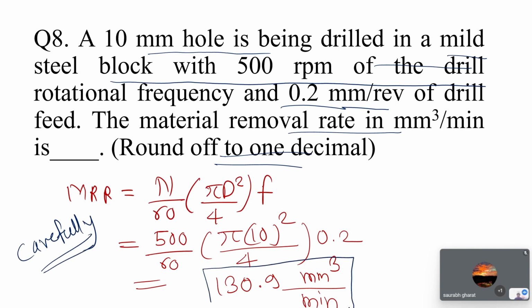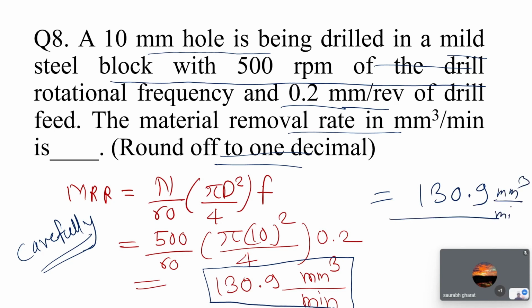This will be your final answer, 130.9. They have given the range with one decimal point, so you can put it like this. This will be your final answer in millimeter cube per minute.